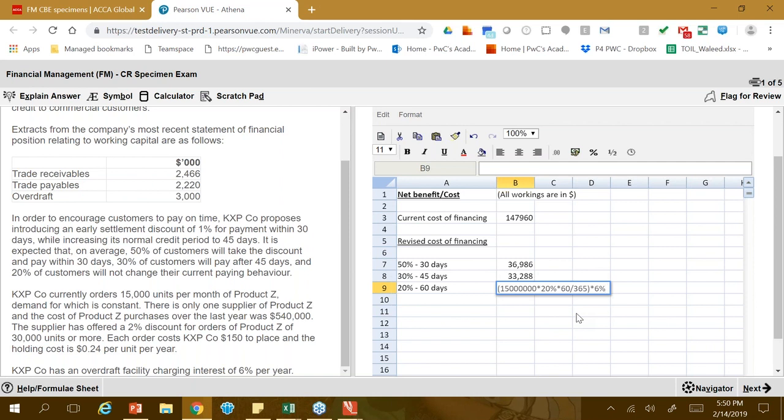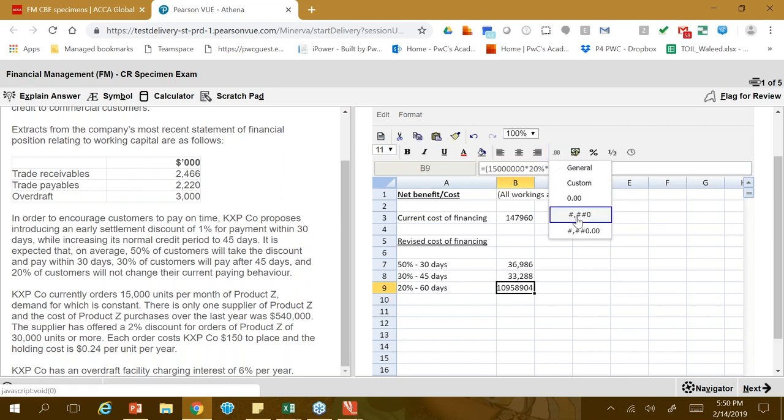And this gives us the cost of financing receivables who take 60 days, which are 20%. Their cost of financing comes out to be 29,589. Okay, any questions up to this point?